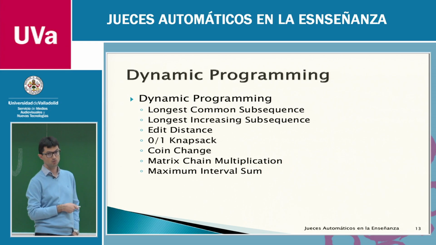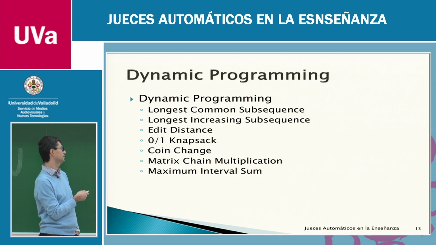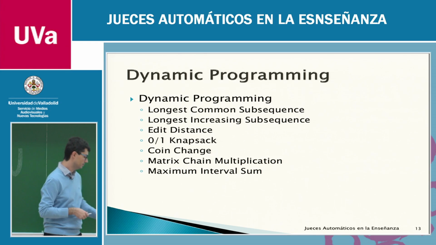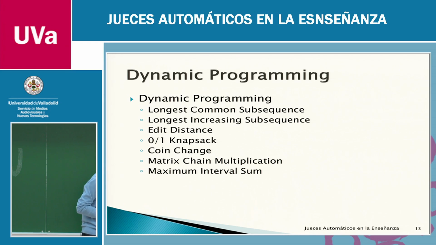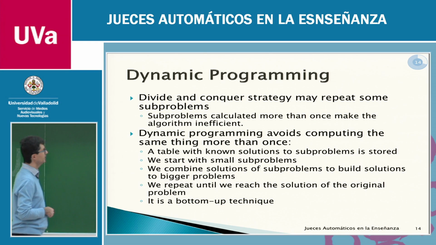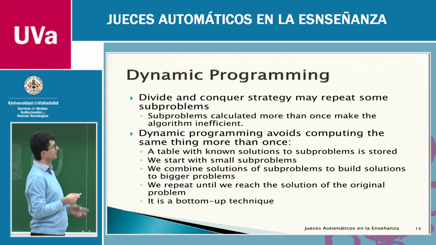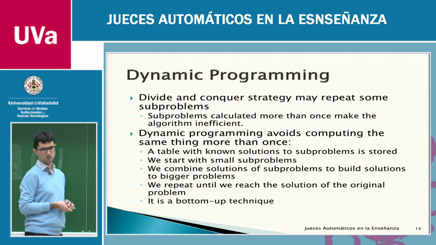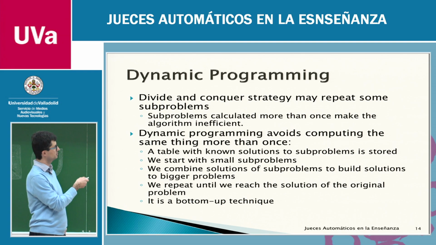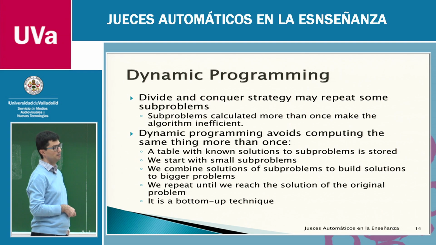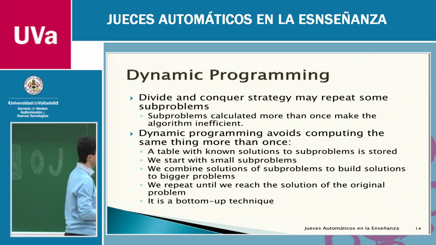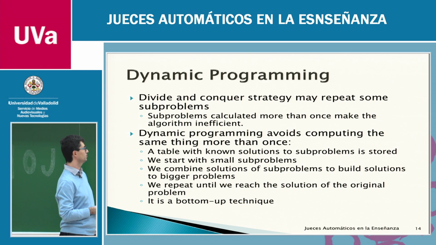Other known problems are matrix multiplication and finding a maximum interval sum in a sequence of numbers. The idea behind this strategy is the opposite of divide and conquer. The divide and conquer strategy may repeat some subproblems, and if this happens, your solution is not going to be efficient.